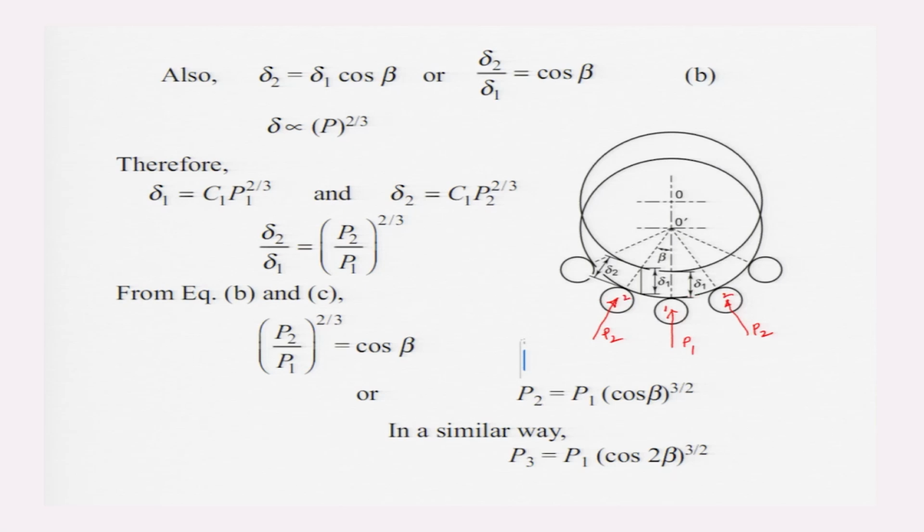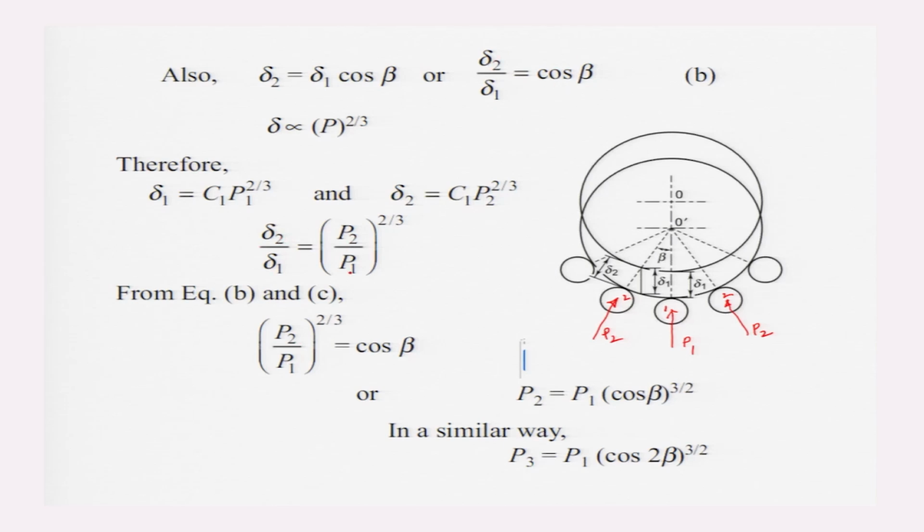Okay, and delta 2 is equal to C1 P2 to the power 2 by 3. So, delta 2 divided by delta 1 will be P2 divided by P1 to the power 2 by 3. From equations B and C, we will have P2 divided by P1 to the power 2 by 3 equal to delta 2 divided by delta 1, which is equal to cos beta.